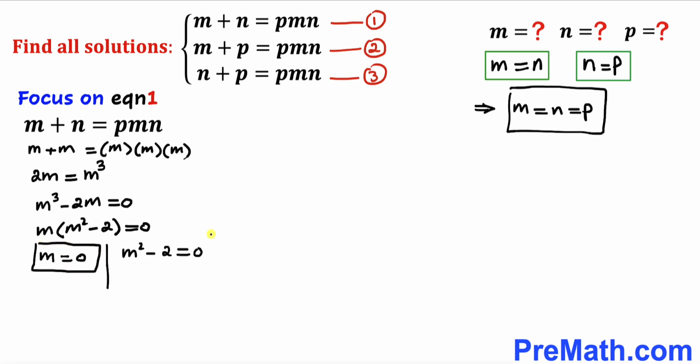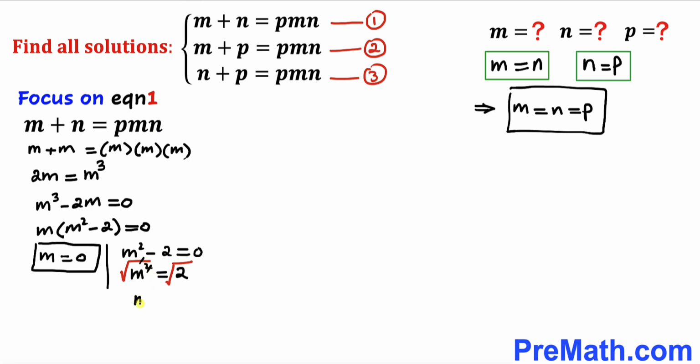Let's focus on this second equation. Let's move this 2 to the other side. So that is going to give us m squared equals positive 2. Now let's undo this square by taking a square root on both sides, and we can see that the square and square root are gone.